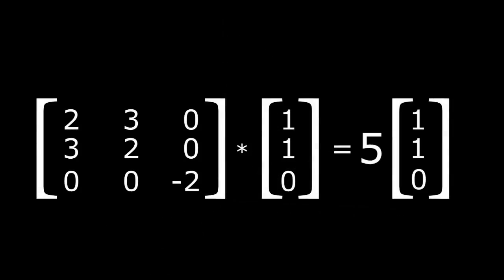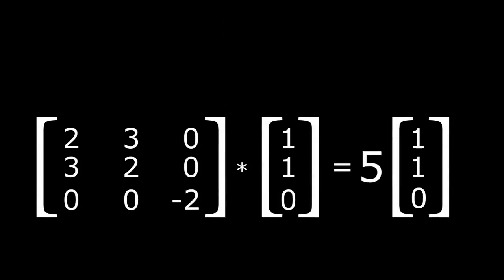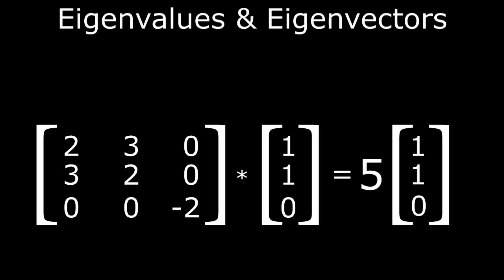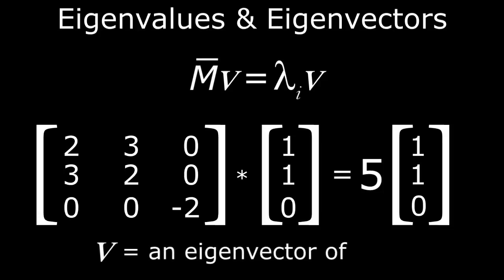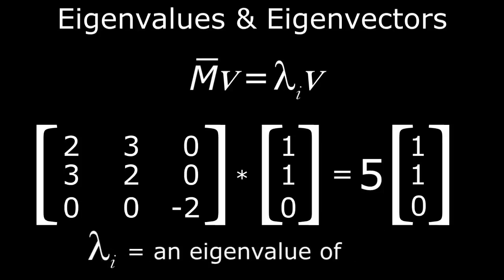So now it should be easy to understand the formula definition of eigenvalues and eigenvectors, which state that if we multiply a square matrix, such as our 3x3 tensor, by a vector, and the result equals a multiple of the original vector, the vector itself is an eigenvector or characteristic vector of the original tensor, and the scalar value is one of the eigenvalues of the tensor itself.